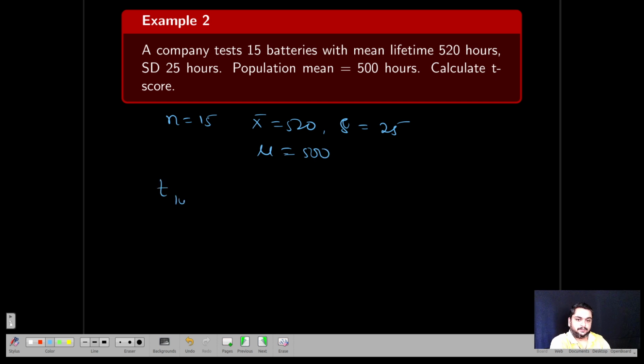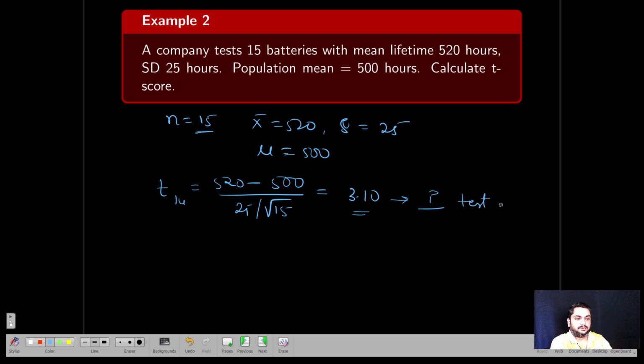So t of 14, so n minus 1, is 520 minus 500 divided by s, which is 25, divided by square root of n. So this comes out to be 3.10. So for this you will find some probability values, and then those probability values will be used to test whether your estimate is good or bad.